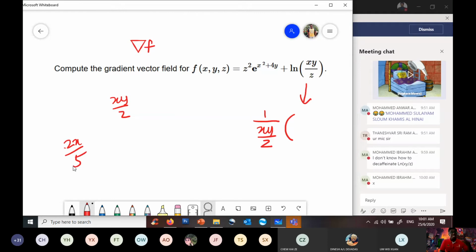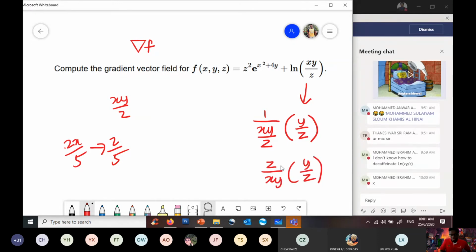The y and z are just constant. So what do you get if you differentiate this? You just get the constant. So same here. What do you get when you differentiate everything else apart from the x here? That is the thing that remains: y over z. So 1 over a fraction is equal to the upside down version of the fraction. So this would be z over xy, and this remains.